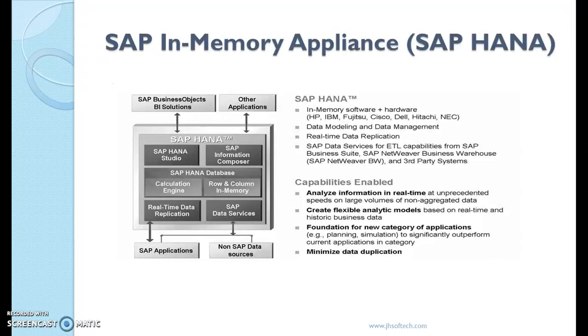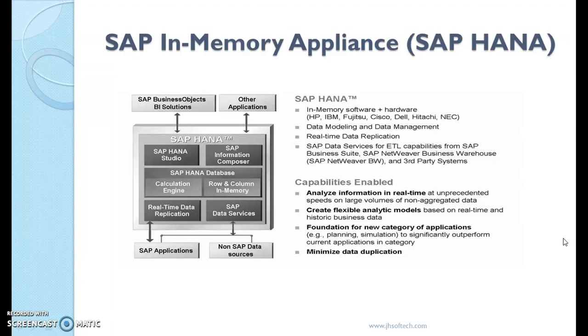Now let's see this in memory. Here we have the hardware, the database and the software, and everything is sold by SAP; the client gets everything from SAP itself. Previously, it was not like that.